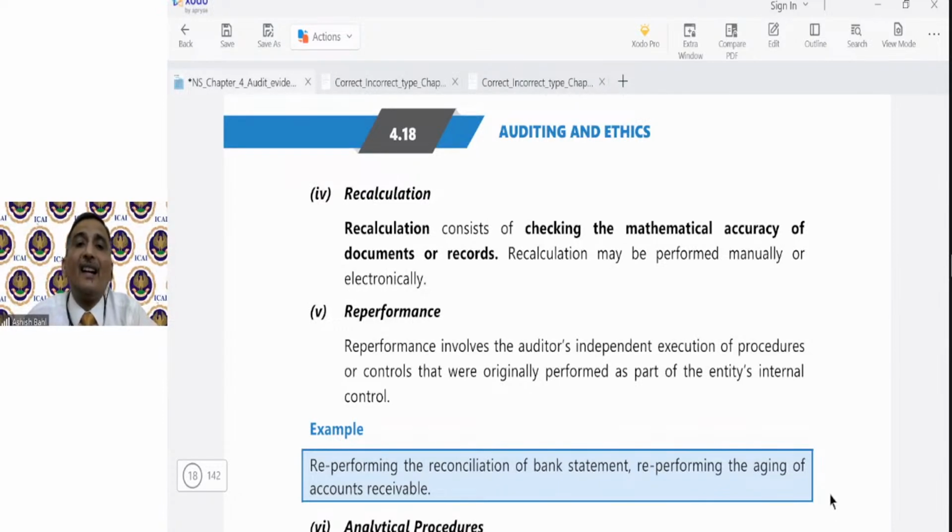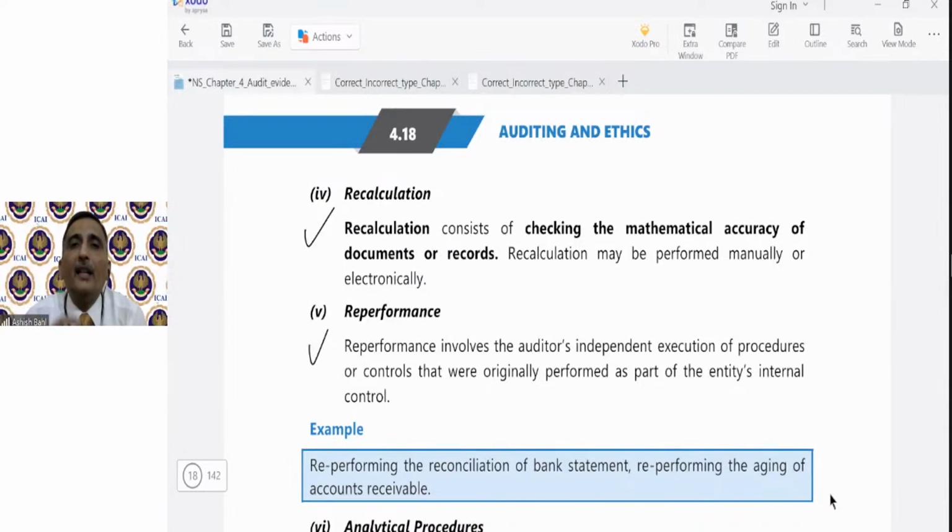And another is reperformance. What is reperformance, guys? Reperformance means that a procedure is again performed by the auditor. Say the management had devised a control to be performed by an employee of the company, and the auditor again does the same thing.